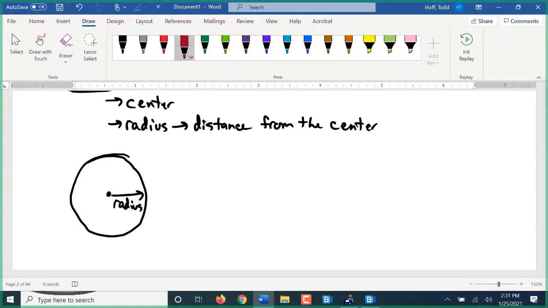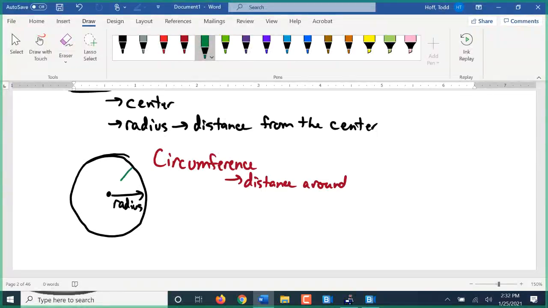You remember how to find the distance around. It's called the circumference. Let's look at this. The diameter is all the way across the circle, right?